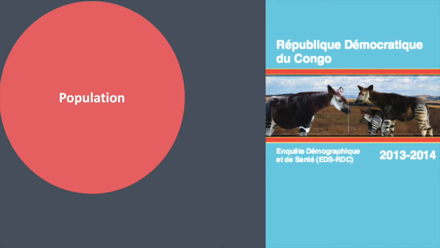To estimate the national prevalence of chickenpox, I used data from the Demographic and Health Survey, which was released in 2013 in Congo. Interestingly, this DHS was the first one to implement a national sero-survey for vaccine-preventable diseases in Congo. The UCLA team worked with the surveyors to implement this.